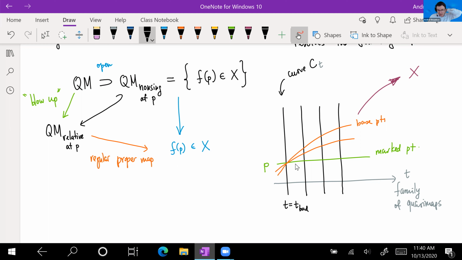Well, in algebraic geometry, we have a universal way to deal with things we don't like. We just blow them up, in the sense of algebraic geometry. And what does it mean here? It's just really that this point gets blown up.